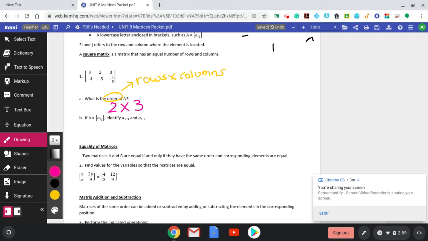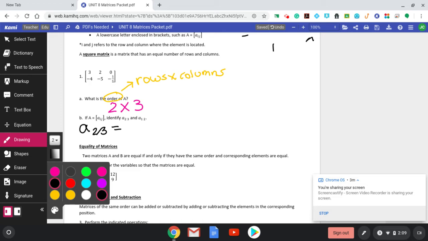Okay, moving on. Now it wants us to take this matrix in number 1, and what is a 2,3 equal to? If you remember up above, first number is the row, second number is the column. So everyone take a look at that matrix up near number 1. What number is in the second row, third column?